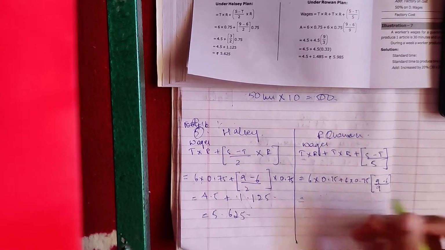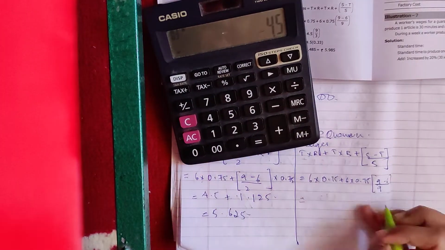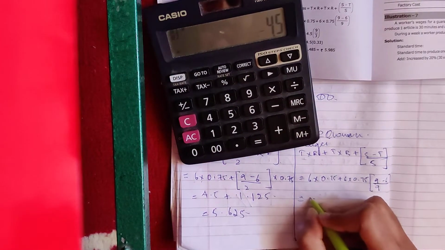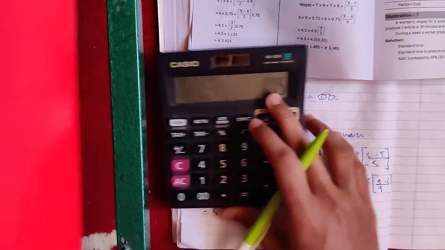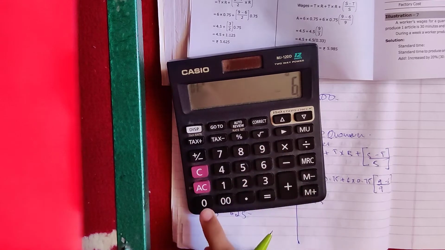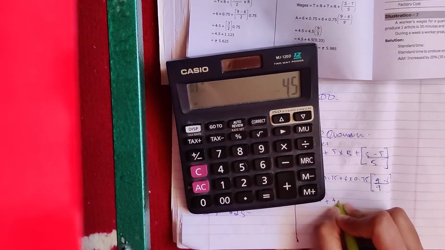Now substitute this again, it is 6 into 0.75 which will give you 4.5. Then again 6 into 0.75 will give you plus 4.5.